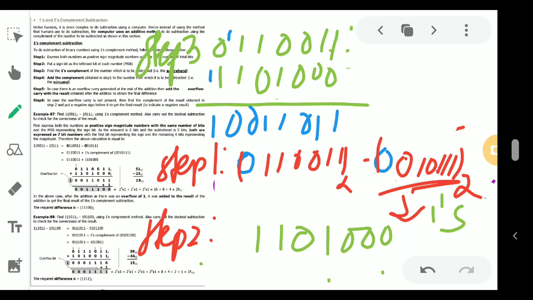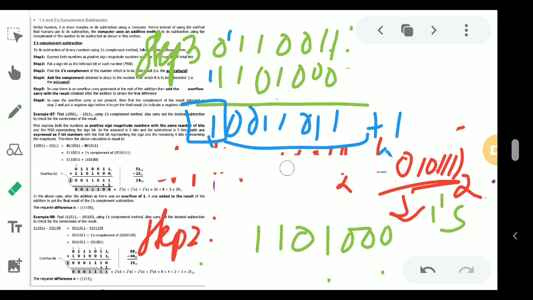If there is any overflow, meaning if there is any carry, what you have to do is add that carry-over part to the sum. So this one again I have to add. So if you add this, what result am I getting? I am erasing the steps to show other steps.